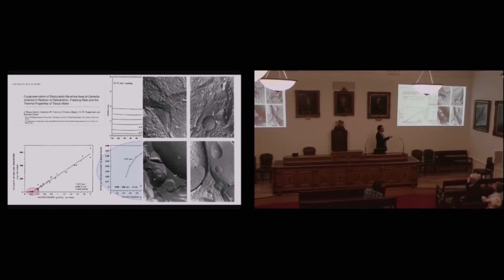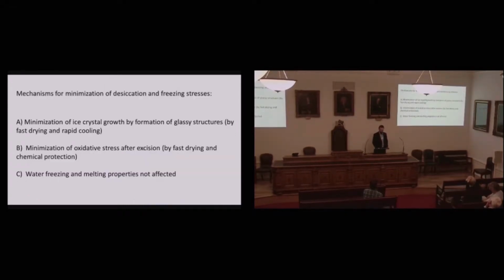When cooling slowly, all these valleys and features that can be seen around were related to ice damage, to the ice growing and damaging the cells. But when cooling really, really fast, there was not this type of ice damage, and it was also related in different research to the formation of a glass.